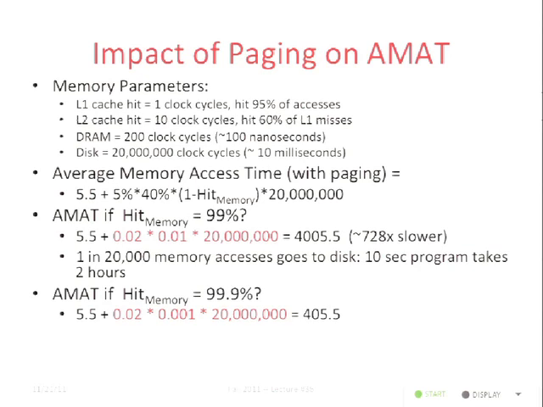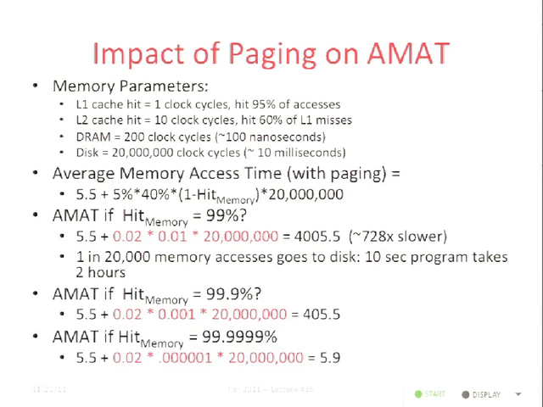If we can get a better memory hit rate, which we're going to do, let's say, by buying more memory, or maybe we'll be a little more careful about what programs we run, or maybe we'll do a little better job of managing what's in memory, you still get fairly expensive access. And if you really wanted to get things down to kind of what they were before, look at that hit rate you have to have in memory.